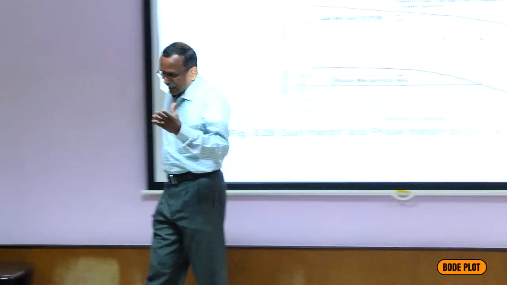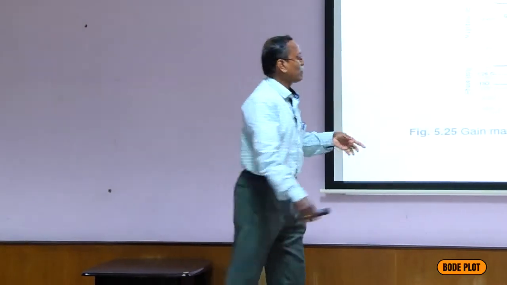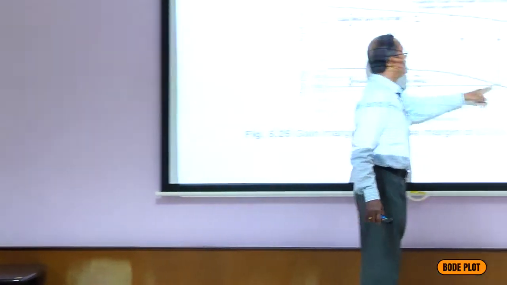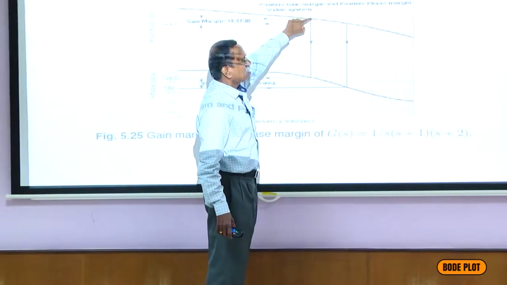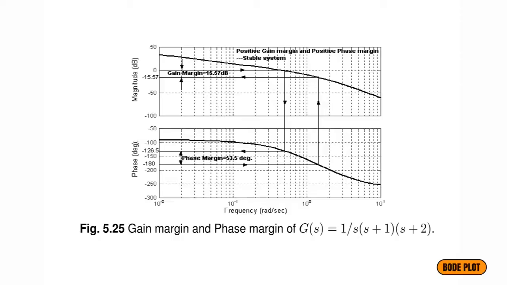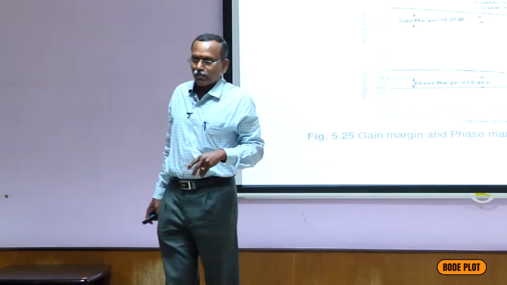To find the gain margin, we have to consider the phase crossover frequency. To find the phase margin, we have to consider the gain crossover frequency. At the phase crossover frequency, we have to see the magnitude. The magnitude is minus 15.57. At 180, that is at the phase crossover frequency, the magnitude is minus 15.57.